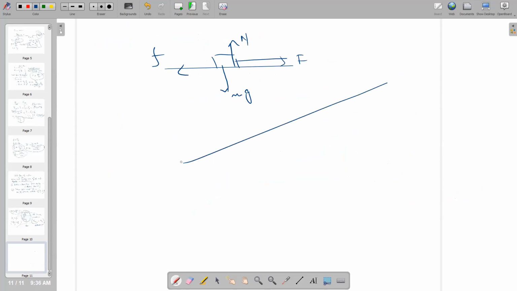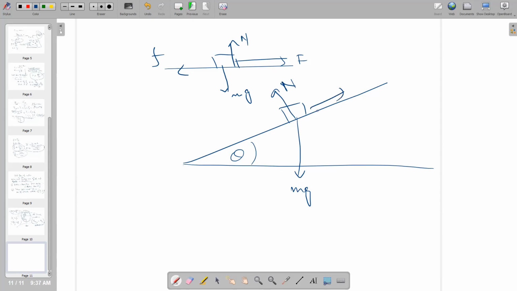And the most important thing, the inclined plane: the body is here, making an angle theta, and this is mg, and this is the normal reaction. We will solve problems like this: the body moving up, or moving down, or the force applied like this, or like this. Then you will see how we can make the components to solve the problems.